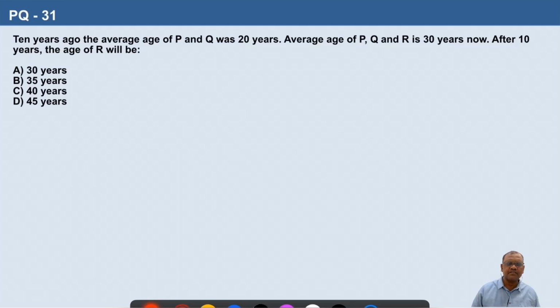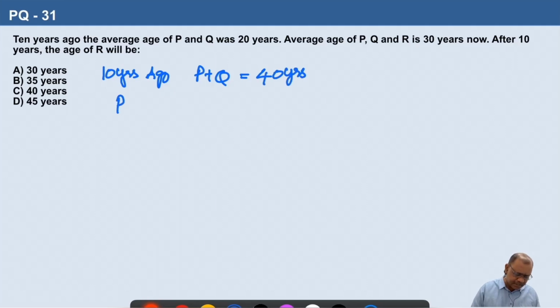Question number 31. 10 years ago, the average age of P and Q was 20 years. So what was the total age 10 years ago? P plus Q is equal to 20 into 2, 40 years.